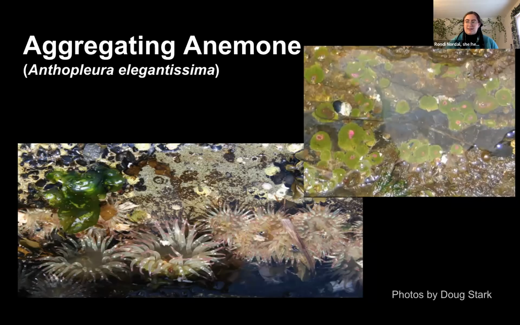So they can occur in large swaths. And it's also difficult to question, if one's mid-split, is that one or is that two? And so it's just a lot easier to count them as percent cover. And you can identify them with their green body and their pink and white tentacles, and they'll often be found on rocks or in sand.